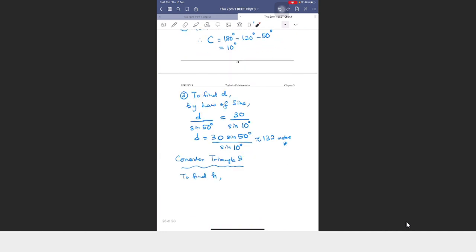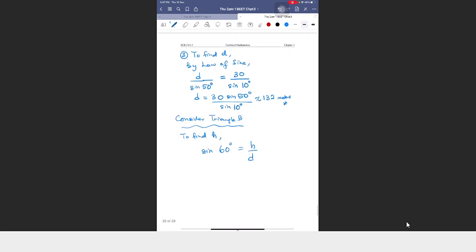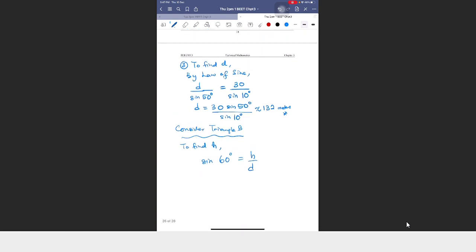Sine 60 degrees equals H over B. Therefore, to find H, basically B times sine 60 degrees, where B is now 132 meters, times sine 60 degrees.